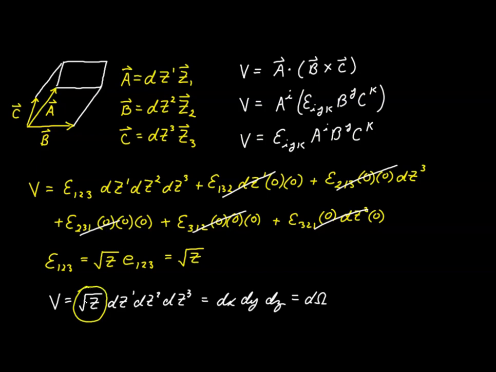This factor, the square root of z, acts as sort of a conversion factor to ensure that each one of these combinations of factors will result in an invariant expression for our volume differential. With that, I think you can now see why we refer to the square root of z as the volume element of the coordinate system, because it is useful in making sure that this kind of relationship remains invariant.